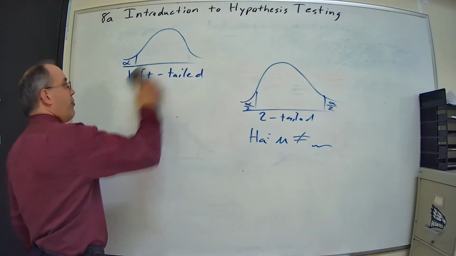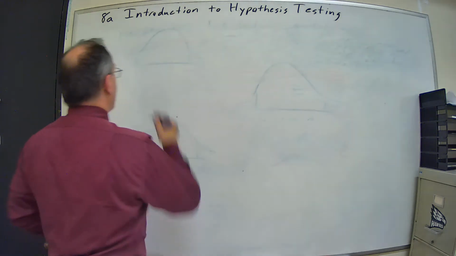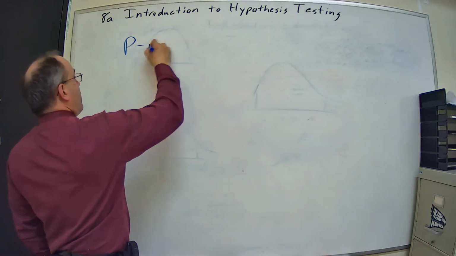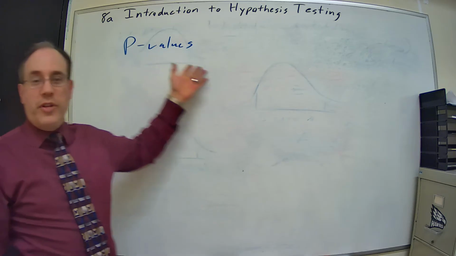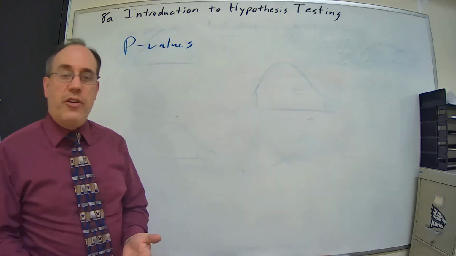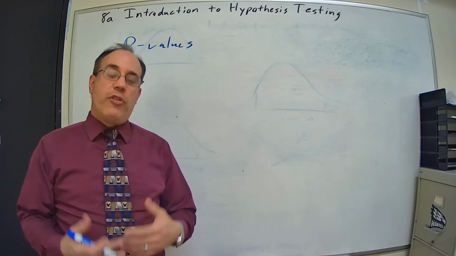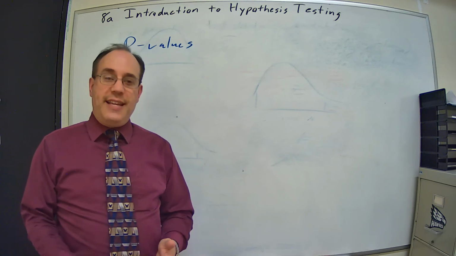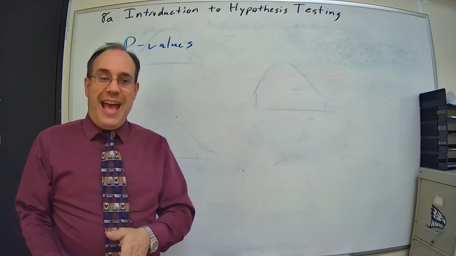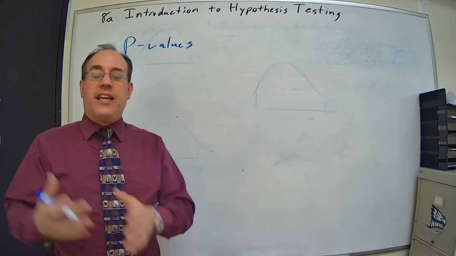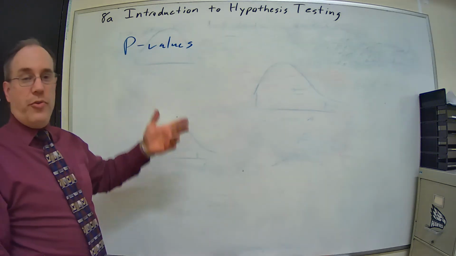So let me clear this out of the way. P-values. You can think of that like probability values. Essentially, a p-value measures the likelihood or the probability that you would get a test statistic as rare or as extreme as what you came up with.